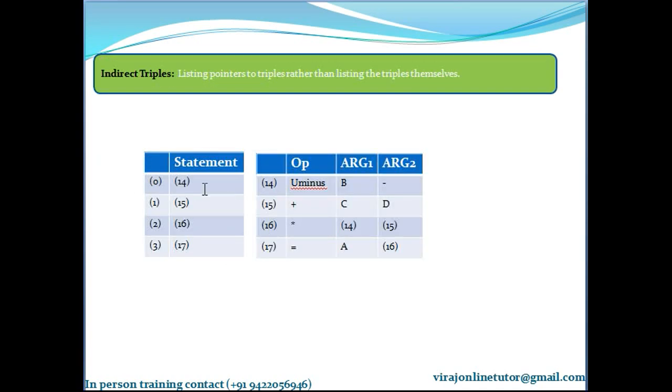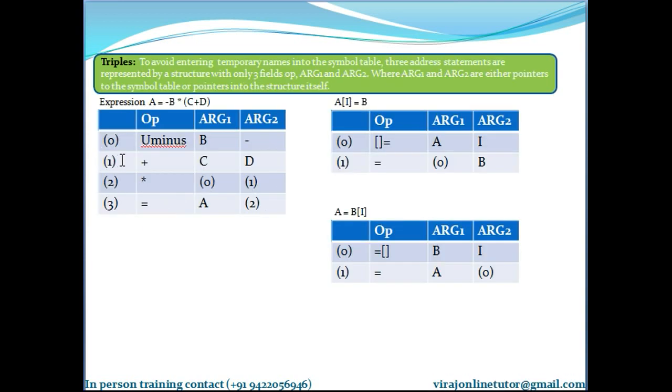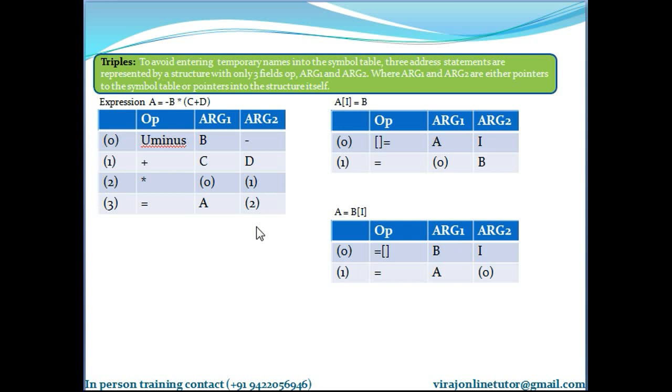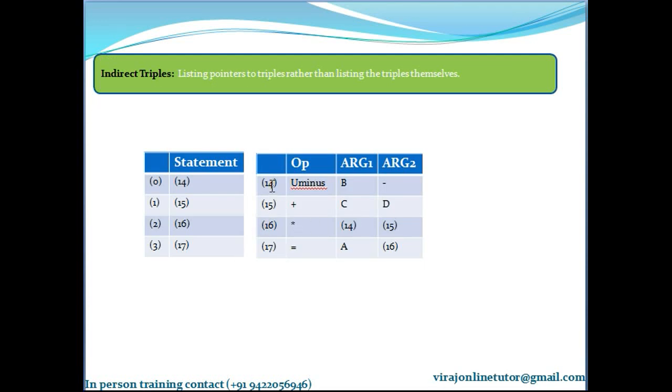I have one more thing created here, a separate mapping sort of, where 0 means 14, 1 means 15, 2 means 16, 3 means 17. So instead of numbering this as 0, 1, 2, 3, I wrote 14, 15, 16, 17, and there is a mapping defined here.